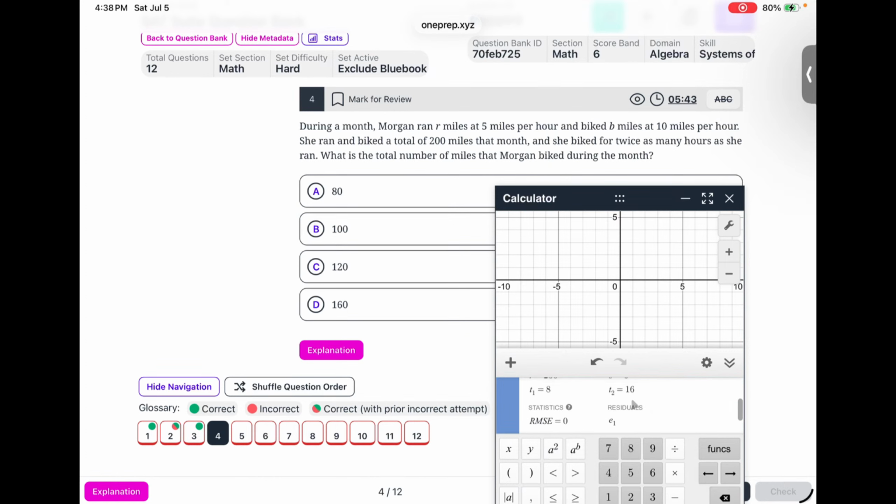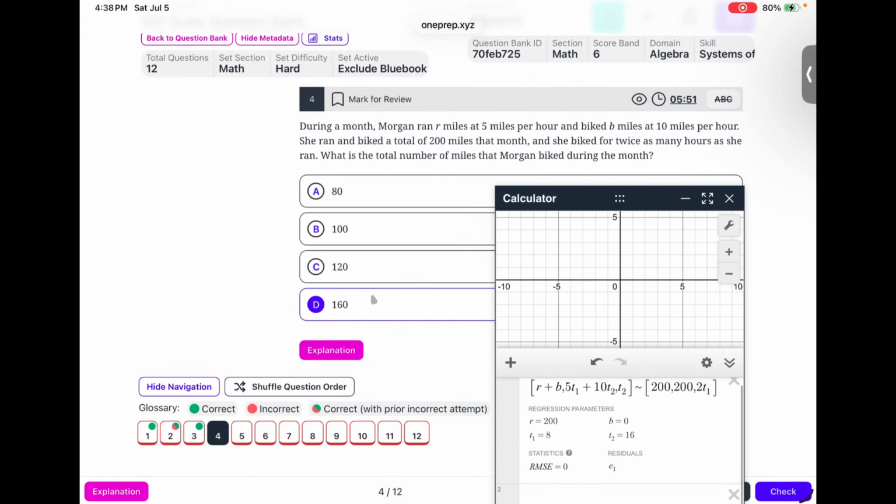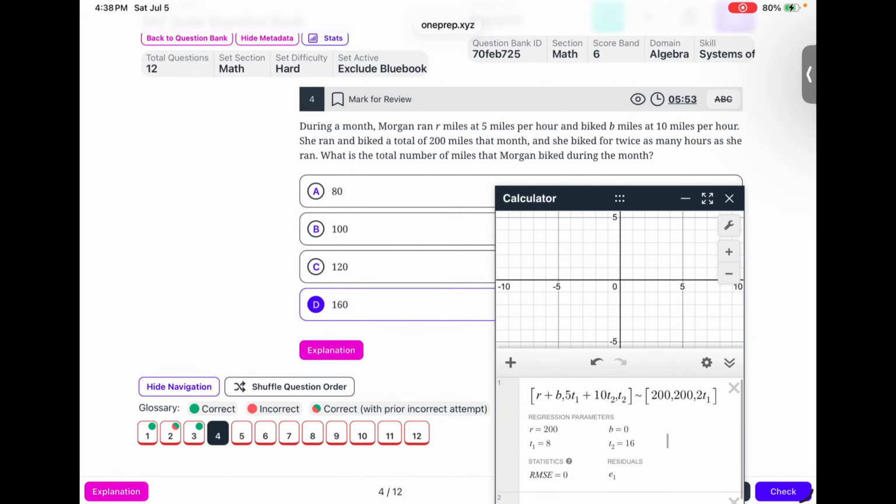So 16 hours. 16 times 10 is 160. So 160 maybe, because it's saying T2 is equal to 16, but yet she biked.